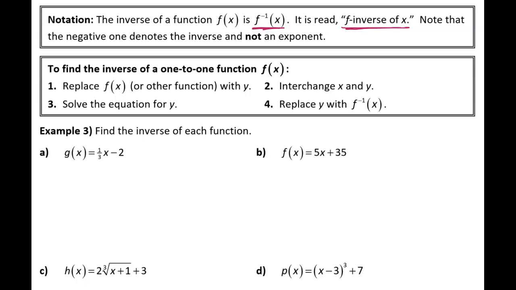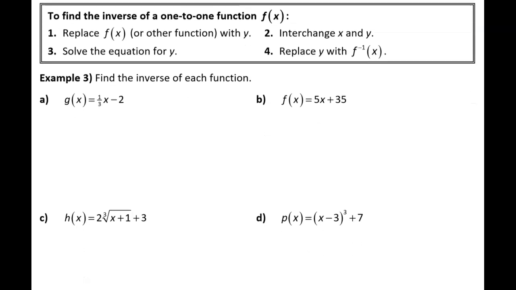However, that -1 is not an exponent. It denotes an inverse, so it's not the same thing as 1 over f. Be careful that the -1 superscript needs to go after f and before of x.